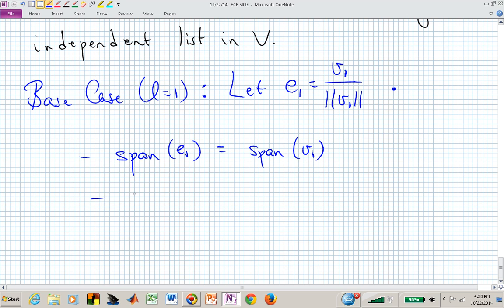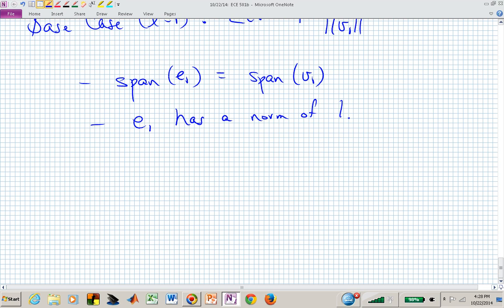And if you wanted to compute, you could see that e1 has a norm of 1. If you find e1 inner product with itself, you'll find that that now gives you a value of 1.